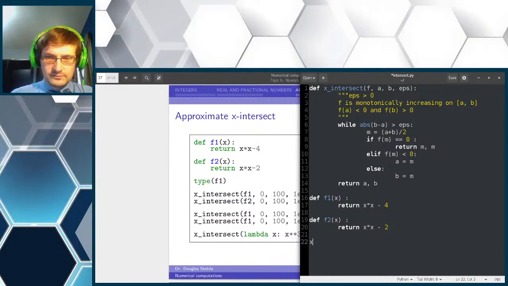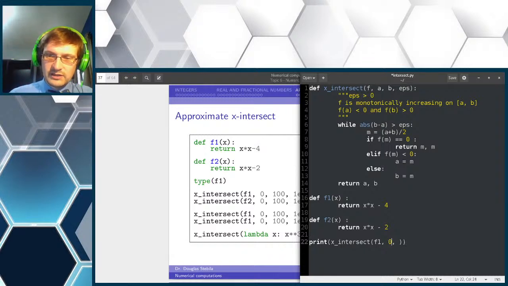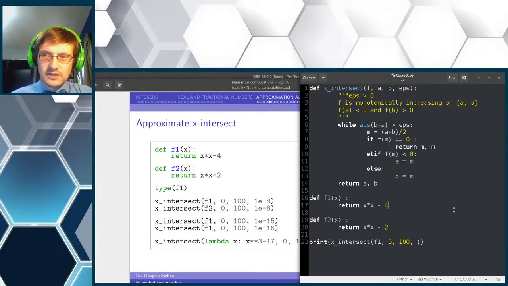So, let's print the invocation of this function on f1. We shall assume that the x-intersect is occurring somewhere in the interval from 0 to 100, and our epsilon is going to be 1 times 10 to the negative 8.